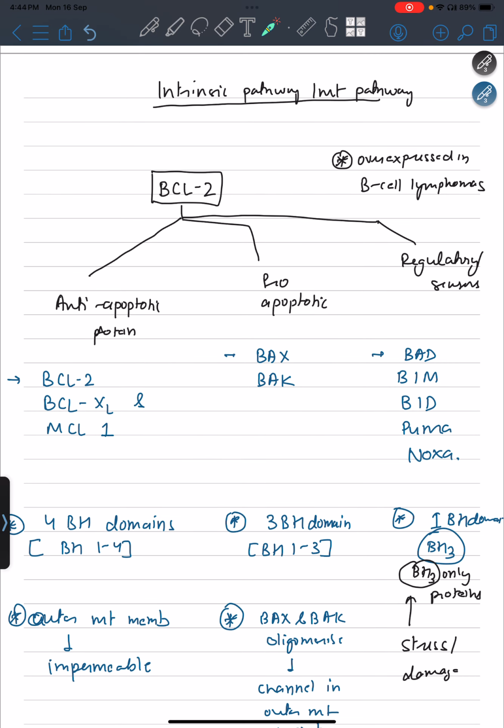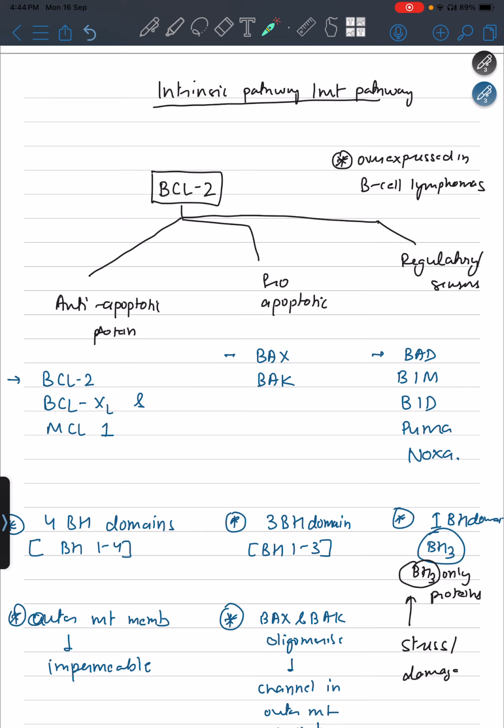So, let's start with the intrinsic pathway or the mitochondrial pathway. First of all, there are certain proteins in the cell known as BCL2 family proteins. These BCL2 family proteins are overexpressed in B cell lymphomas and hence they derive their name.